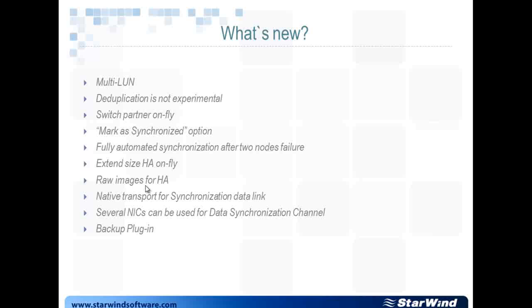This is achieved by moving the header out of the image file. Now, when you're using HA, you have two files, the image file and SWDSK, as I remember. Before it was just the image file. SWDSK is now the header of the HA device, of a single target of the HA device.